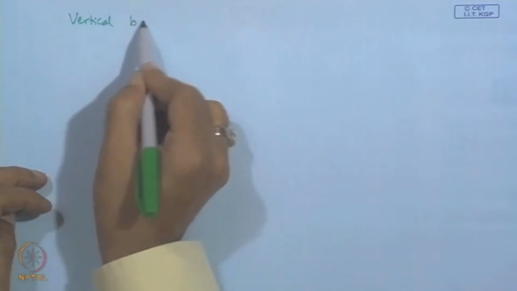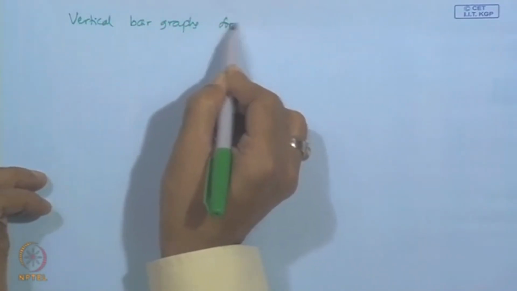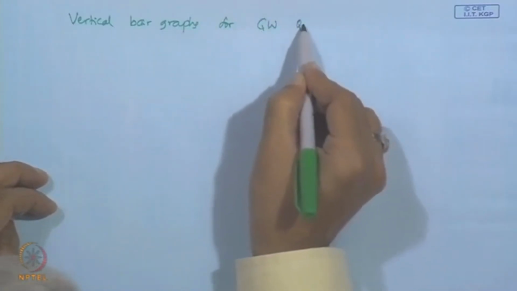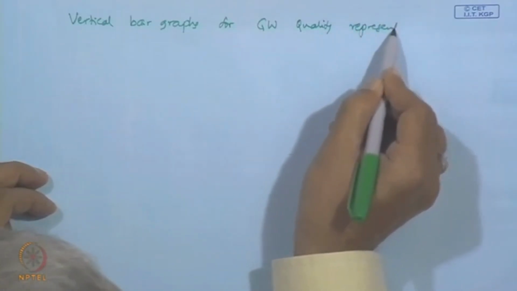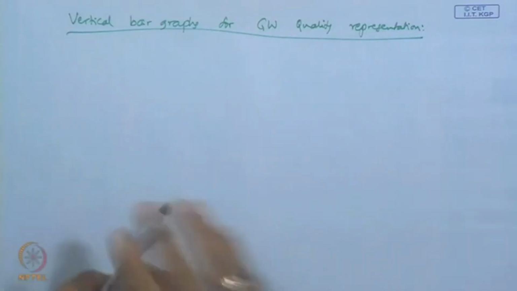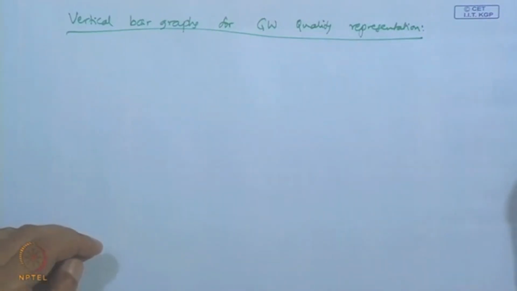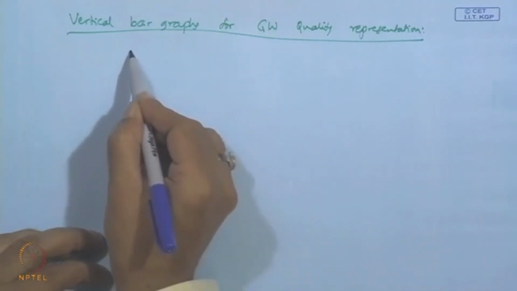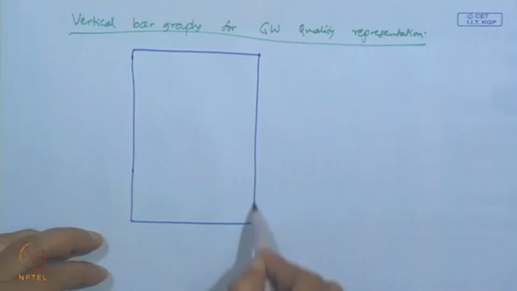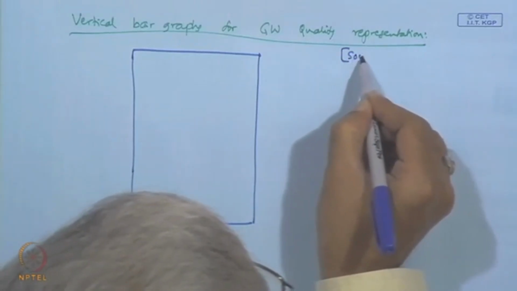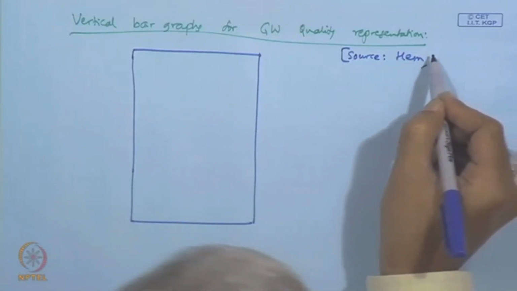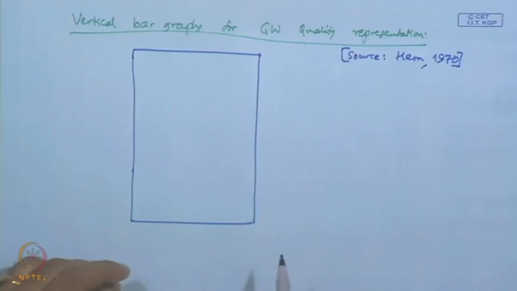Now, let us briefly consider the vertical bar graphs for groundwater quality representation. This is taken from Hem in 1970.